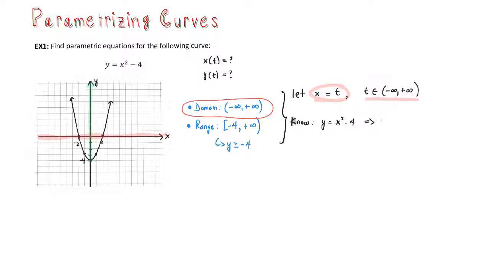So I'm going to have that y is equal to t squared minus 4. So therefore, the parametric equations will be t, comma, t squared minus 4, where t can be any real number.